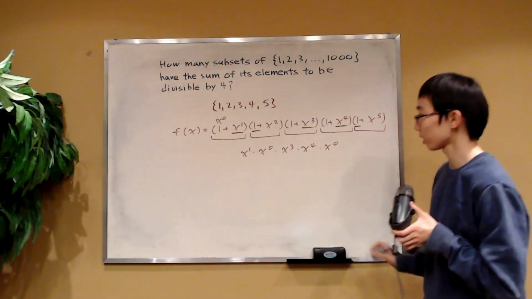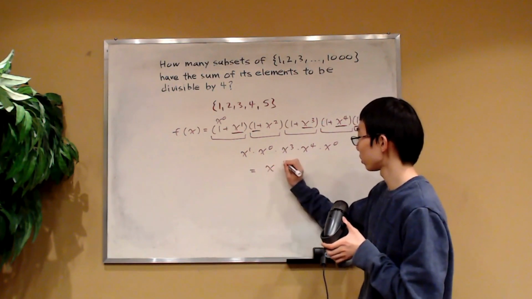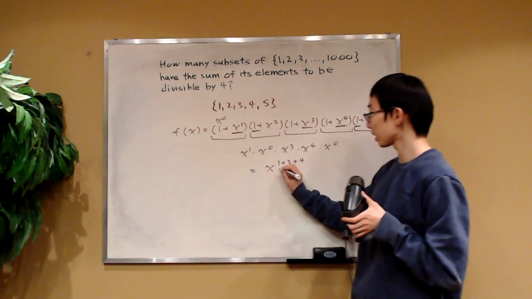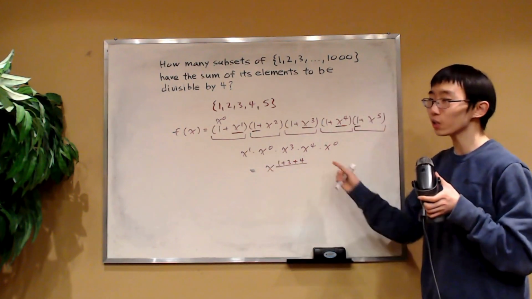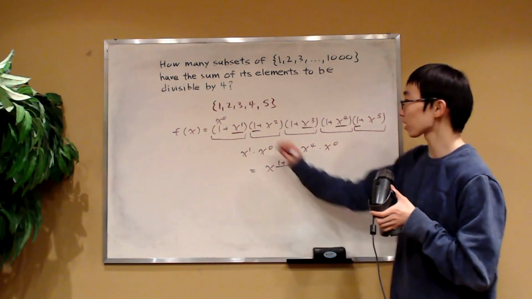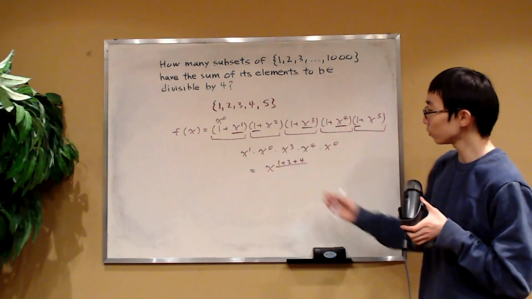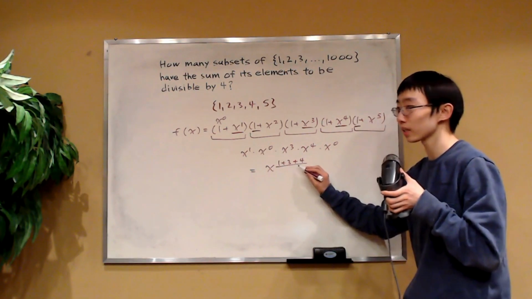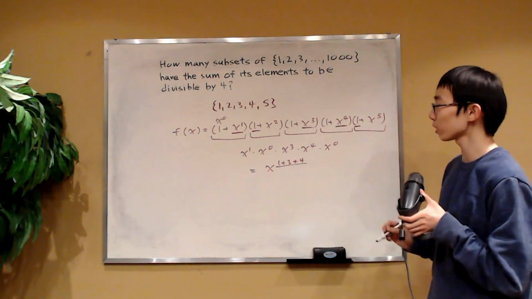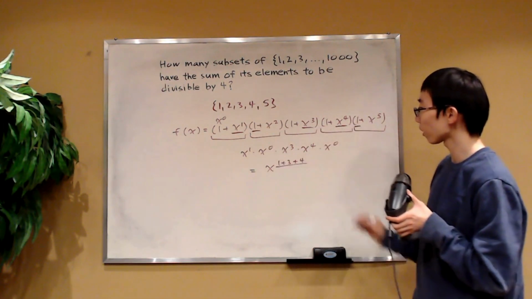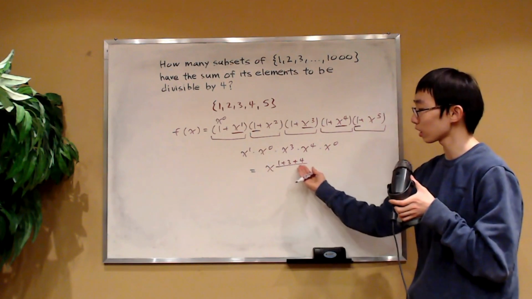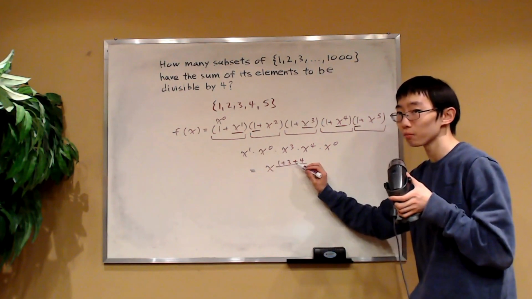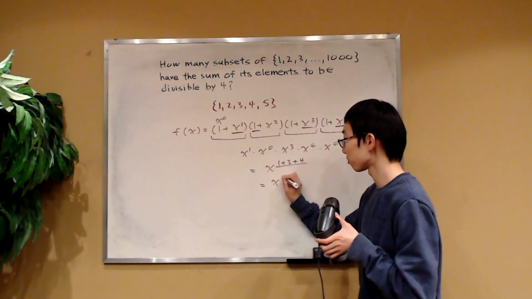And if you were to multiply this out, you would get x to the 1 plus 3 plus 4. And the reason I have written it as a sum up here is to show you that when you make a combination of choices and multiply those terms together, the exponent will be modeling a possible sum you can get. In this case, if you choose a subset with elements 1, 3, and 4, then this over here is telling you that the sum of the elements is 1 plus 3 plus 4. So this exponent models the sum, and this is x to the 8.